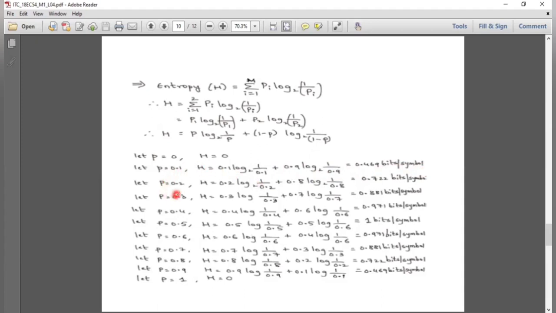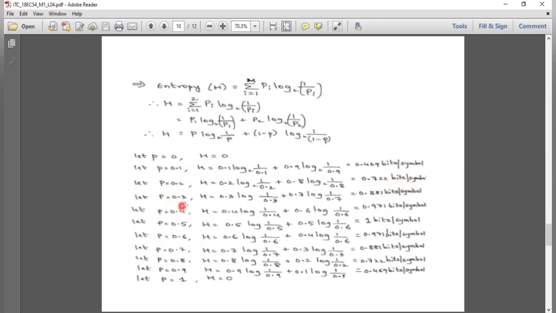When p is 0.2, H will be 0.2 log of 1 by 0.2 plus 1 minus p, here 1 minus 0.2 gives us 0.8, log of 1 by 0.8. On simplifying, we get the H value as 0.722 bits per symbol.